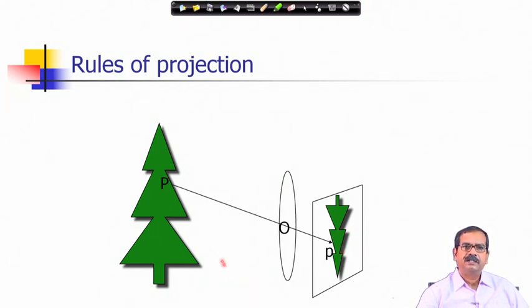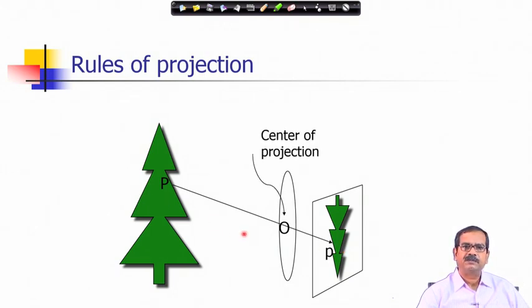As you can see in this case, this can be formed if I draw a line from this point through a particular fixed point O, which is here the center of the lens, and extend that ray until it hits the image plane, and that intersection point defines the image point of the three-dimensional scene point.